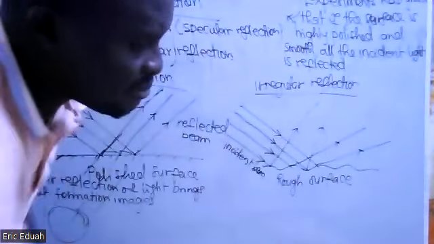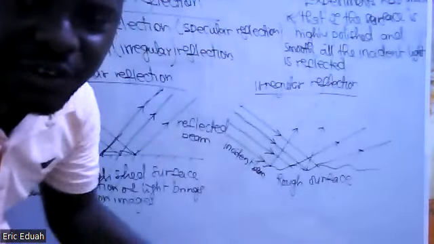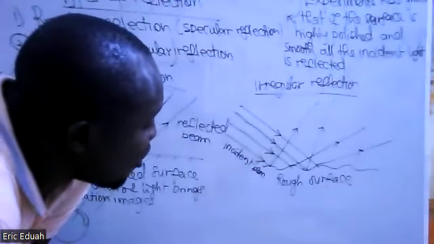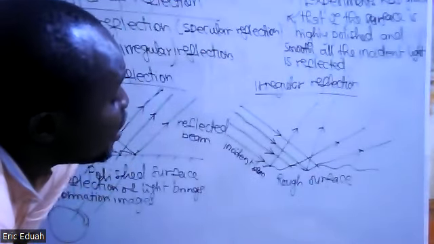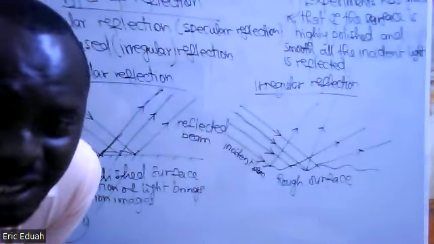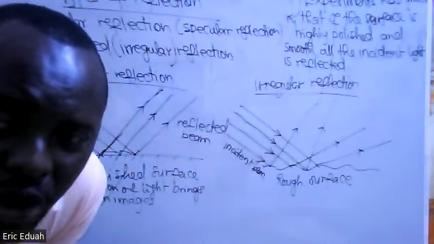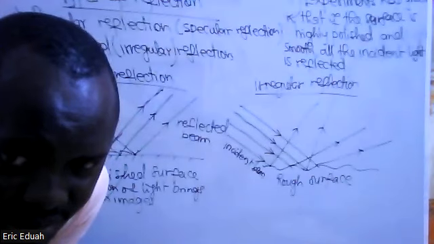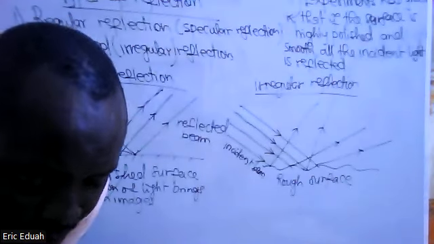But because of the disorderliness of the reflected rays, no image can be formed in diffuse or irregular reflection. Please, are you okay?